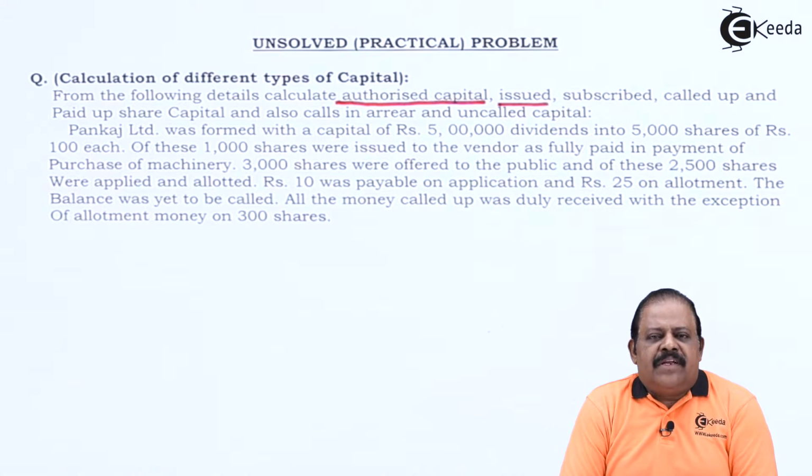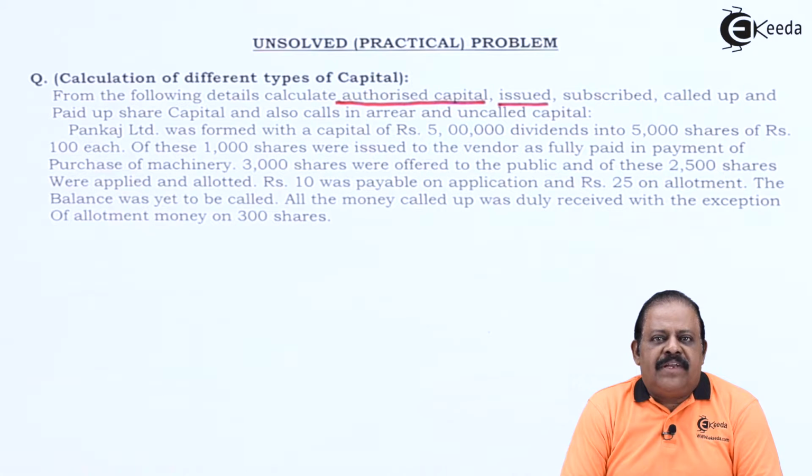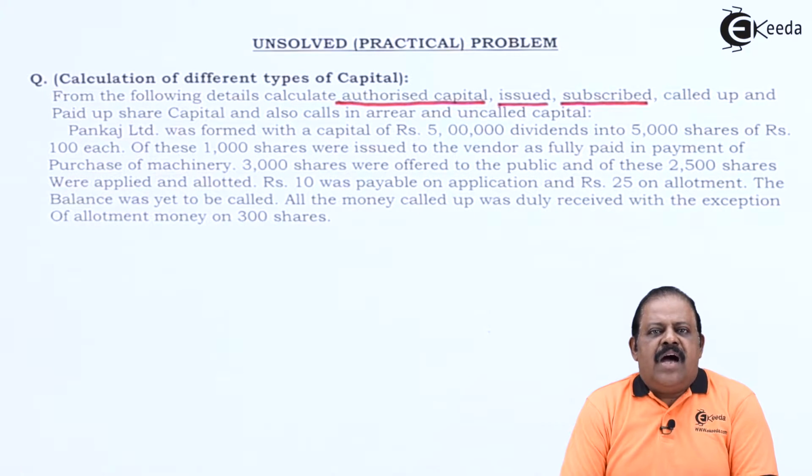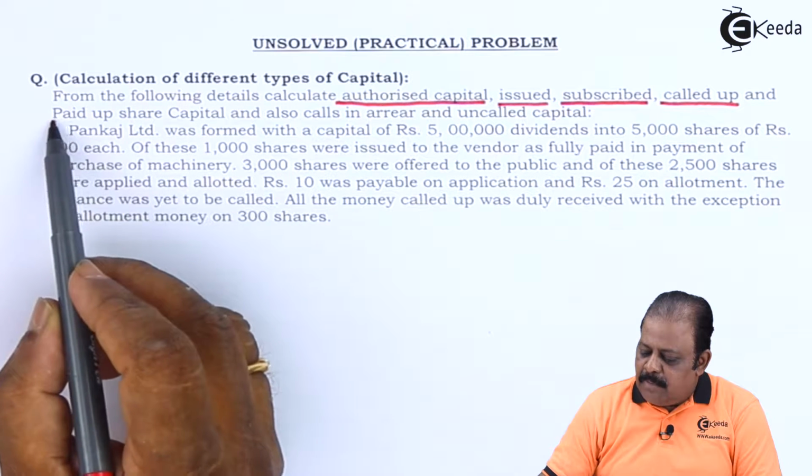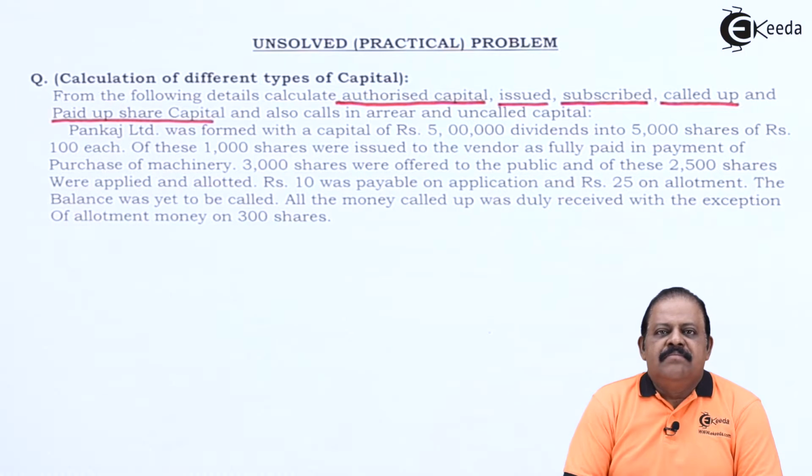Next is issued capital. Out of authorized capital, the capital which is actually issued by the company for raising amount is called as issued capital. Subscribed, the amount of issued capital which is actually applied by the public or shareholders, we refer as what? Subscribed capital. Called up and paid up share capital.